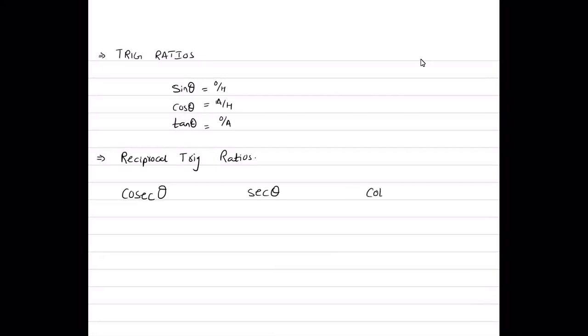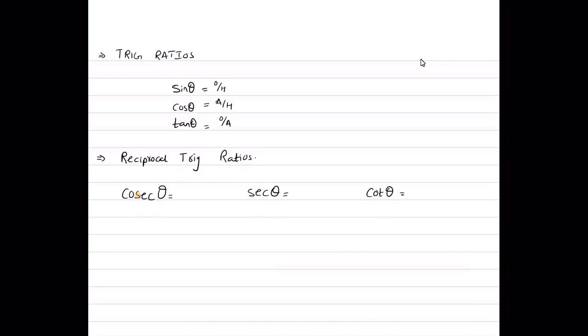These are the names, and these are the short forms. Cosecant theta is written as cosec theta. Secant theta is read and written as sec theta. Cotangent theta is written and read as cot theta.